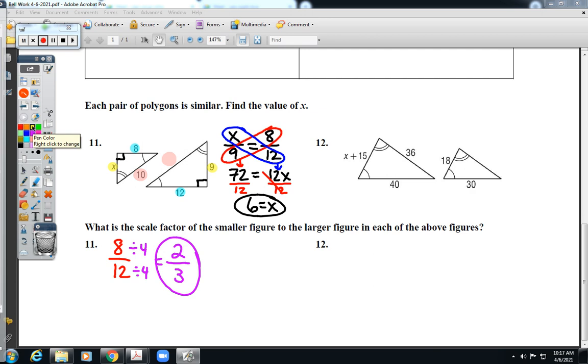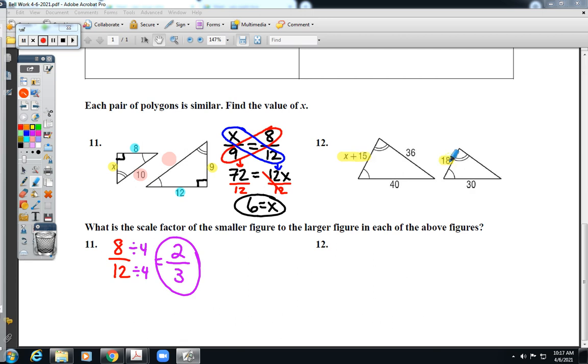They are similar triangles. It says right there in the directions, each pair of polygons is similar. So we have to ask ourselves, what pairs with what? Between the 1 mark and the 2 mark angles, we've got x plus 15 and 18.